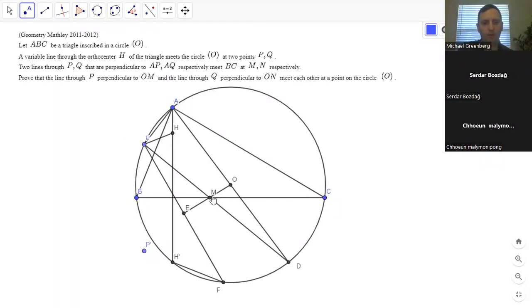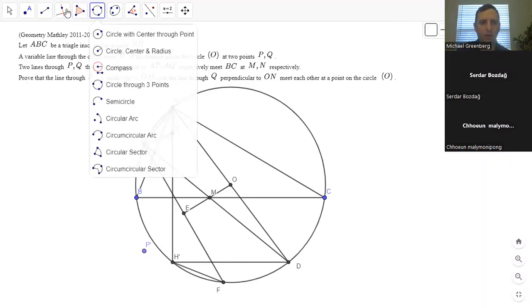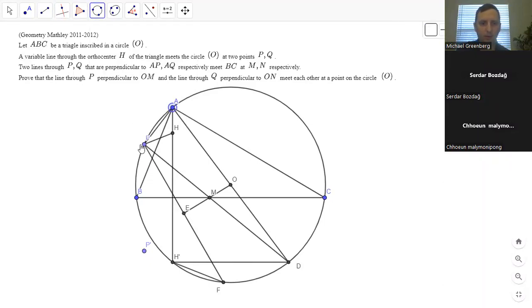We need to use that this is a right angle. You know this is parallel to BC, maybe that's helpful. But we need to use that M lies on BC. I think it might be good to draw this.